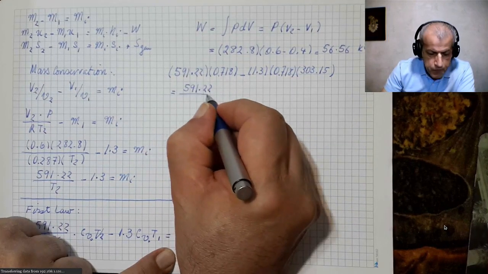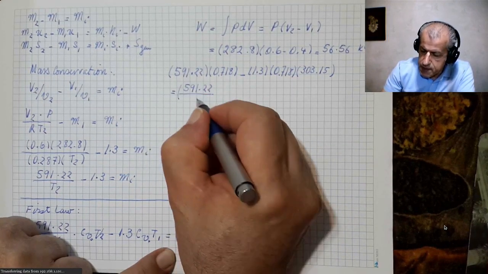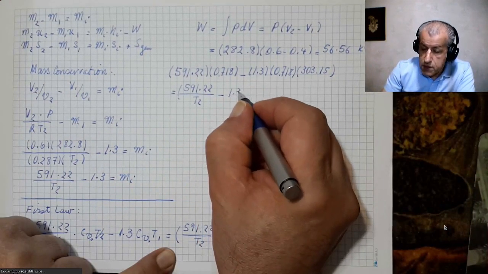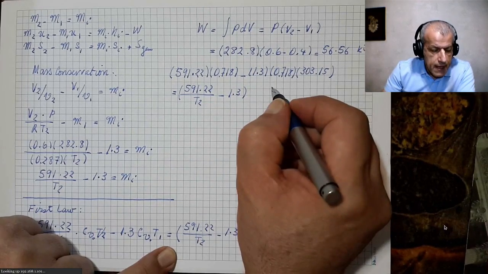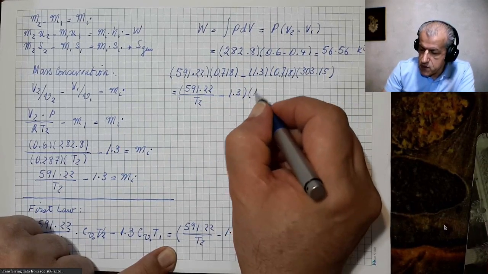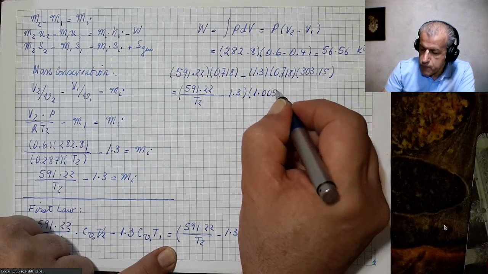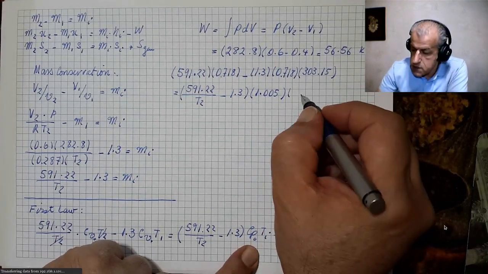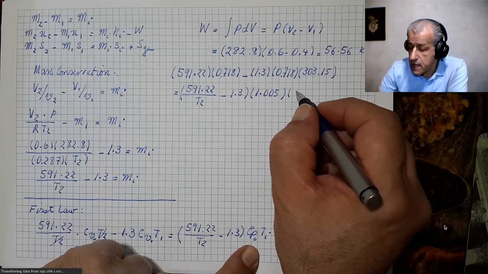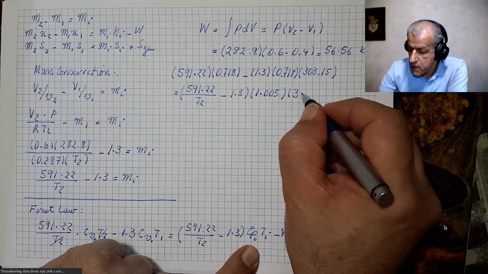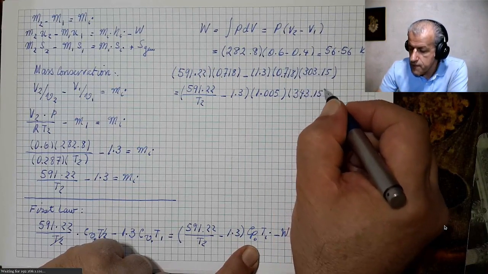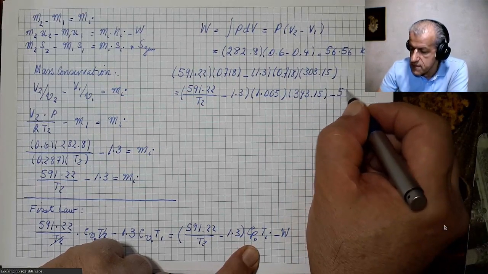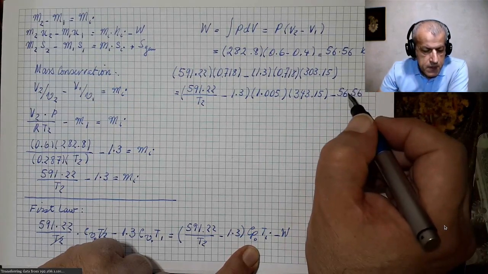591.22 divided by T2 minus 1.3 times CP0, which is 1.005 times Ti, which is 70 degrees centigrade, and that is 343.15, and finally work, which is 56.56.